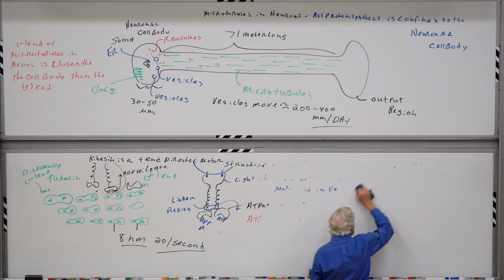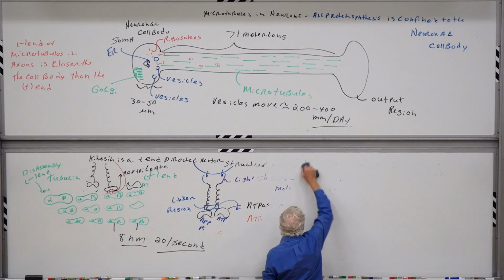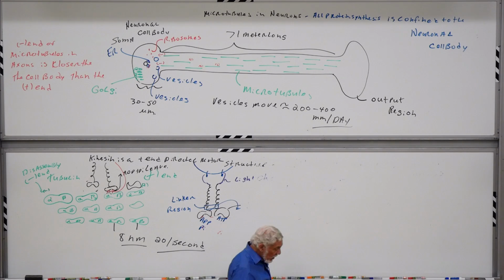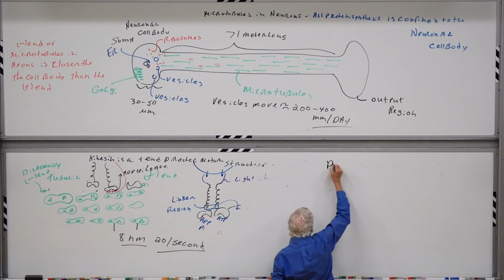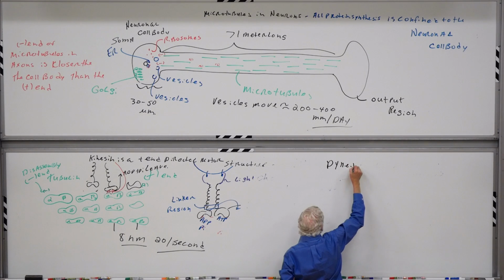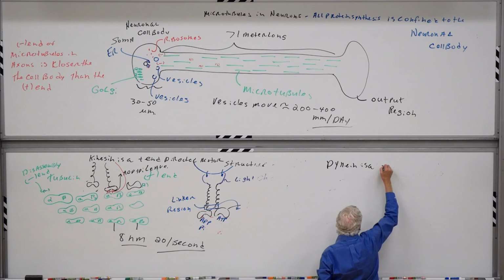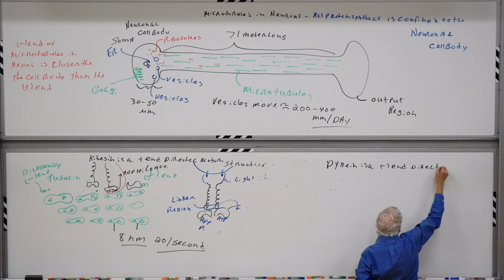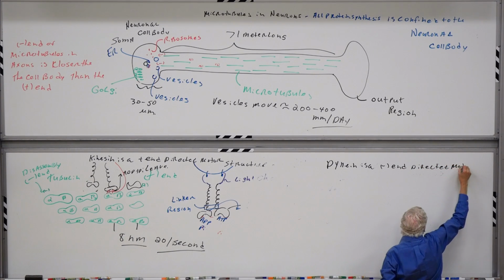Dynein, too, is an ATPase. So we can say that dynein is a negative end directed motor.